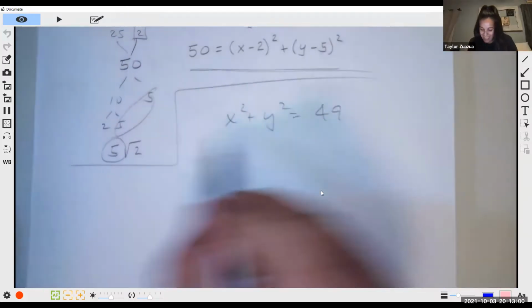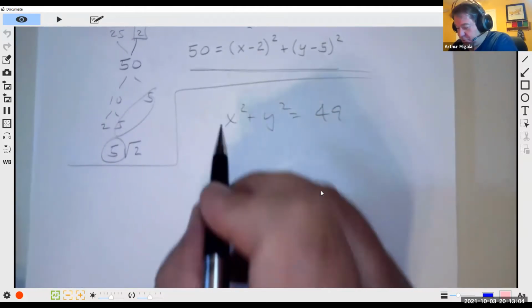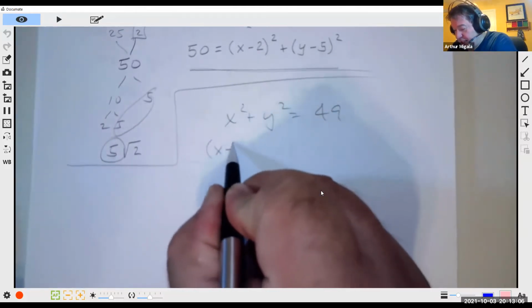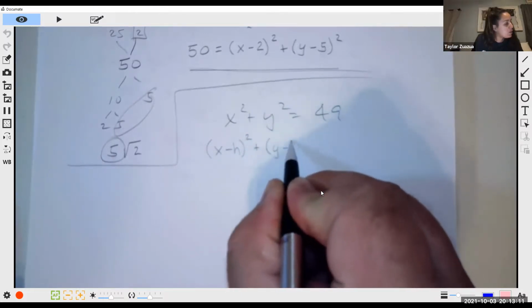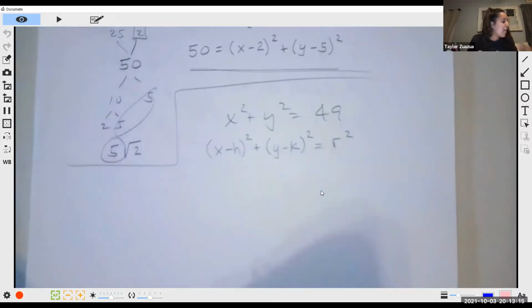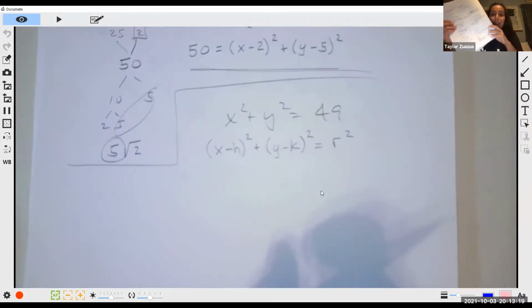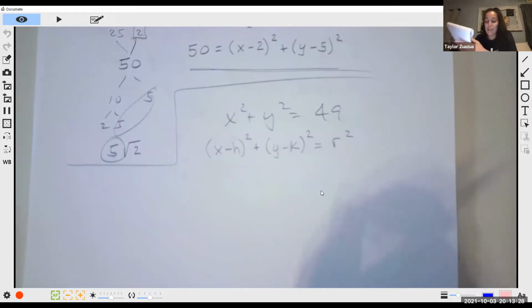Okay, since this is an equation of a circle, let's first look at what is the equation of a circle. We know it's (x minus h) squared. I have all my notes right here, and it says big old word circle everywhere. I was going through all your videos trying to understand everything.